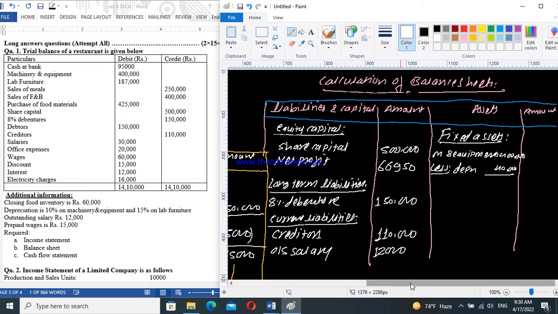The amount is 3,60,000. And lab furniture, the amount is 1,87,000 less depreciation 28,050, which is 15% of 1,87,000. Write down this amount.